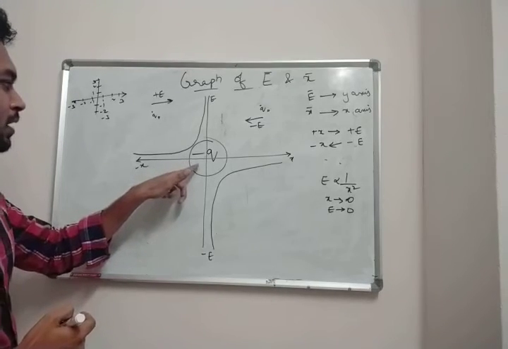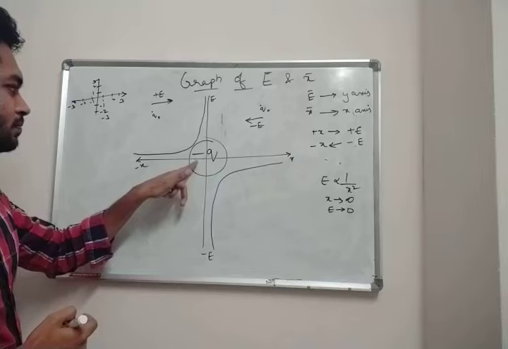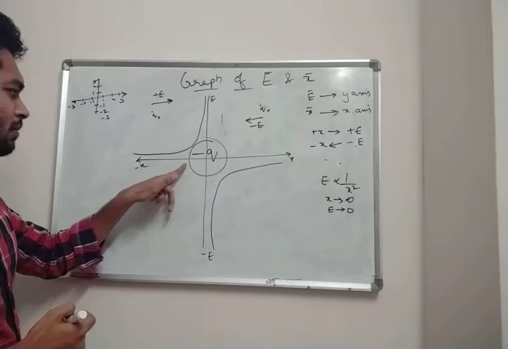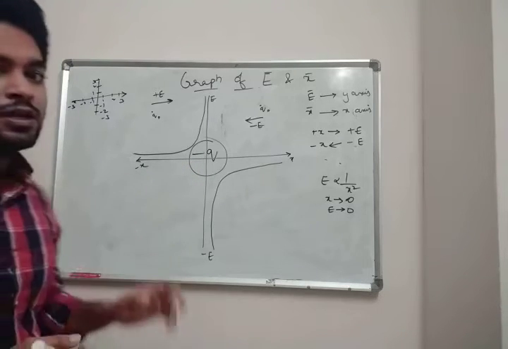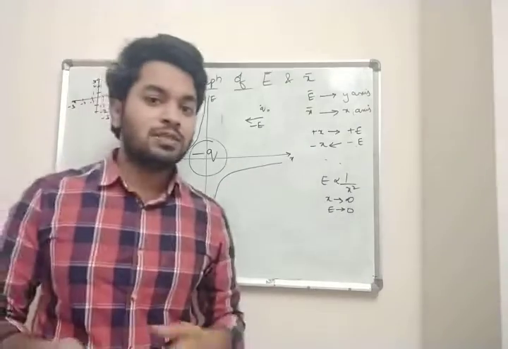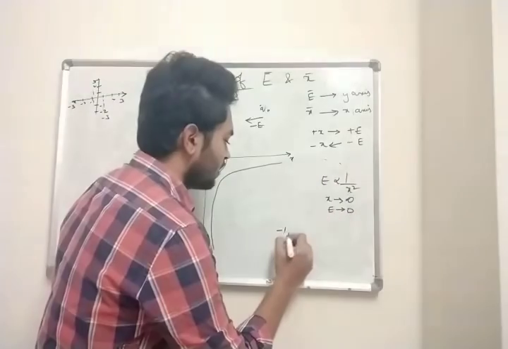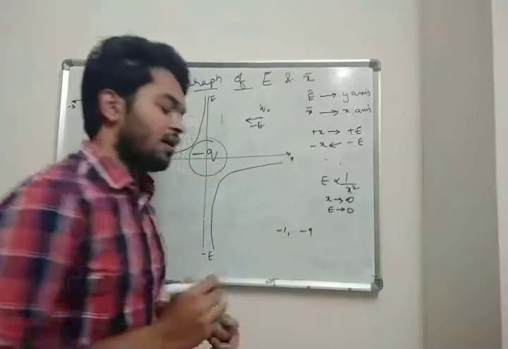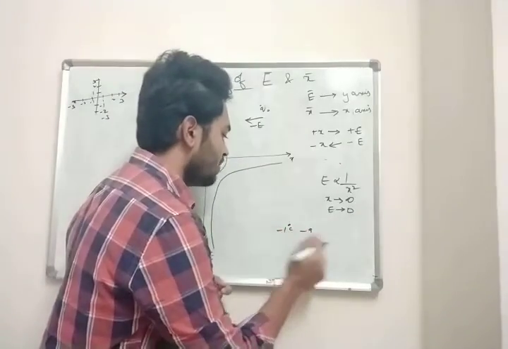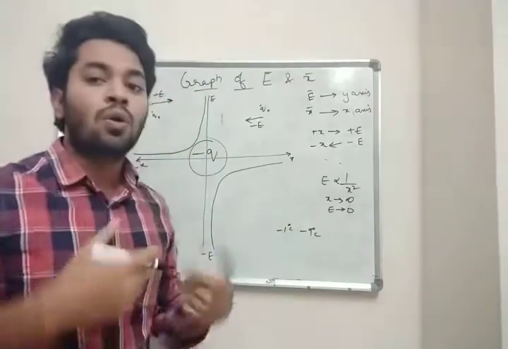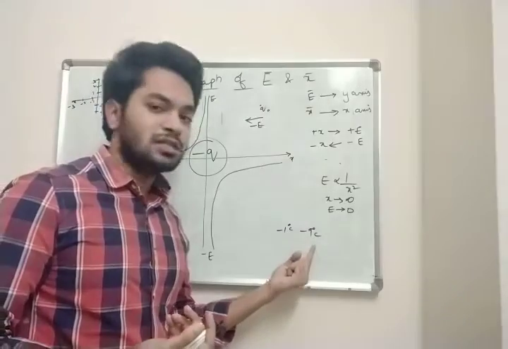If you want, you can take numbers also. If I take -1, -2, -3, -4, -5. In terms of temperature, -1 degree Celsius and -9 degrees Celsius. Which is more cold? -9 is more cold.